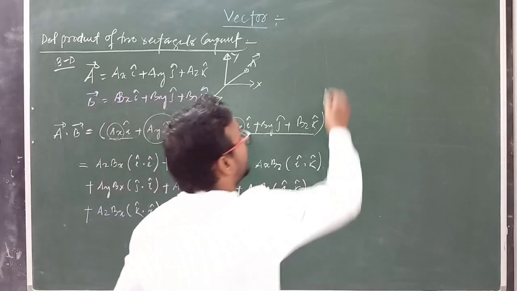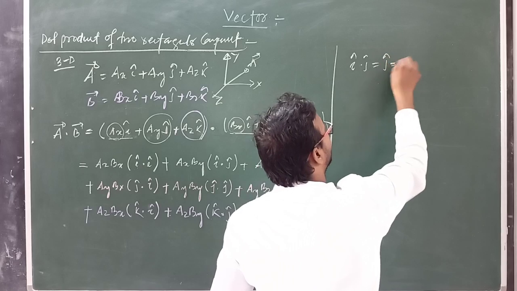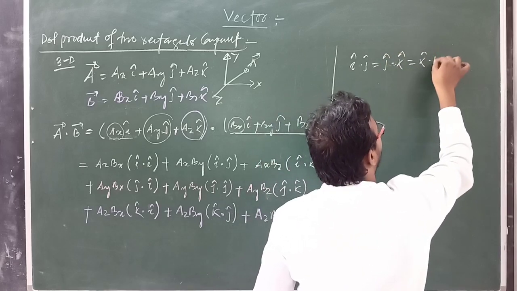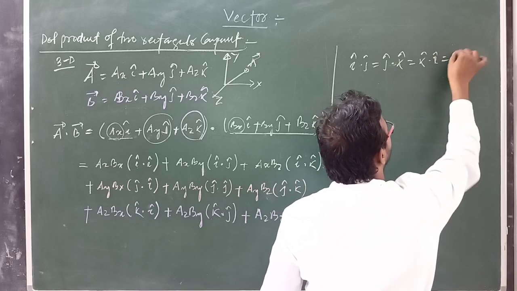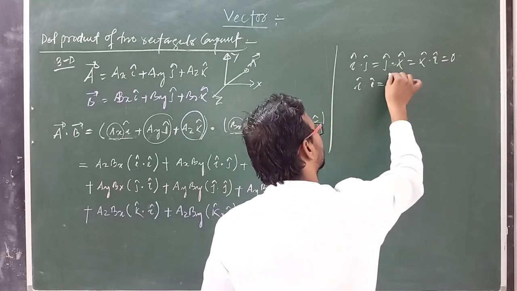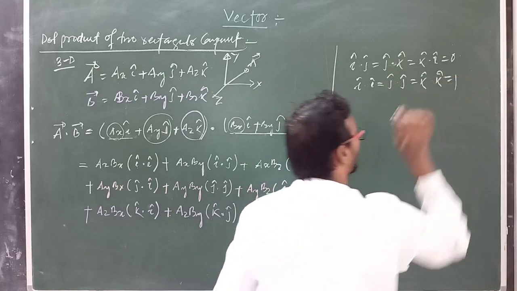But here we use that i dot j equal to j dot k equal to k dot i, which is equal to 0, but i dot i, j dot j, k dot k equal to 1.